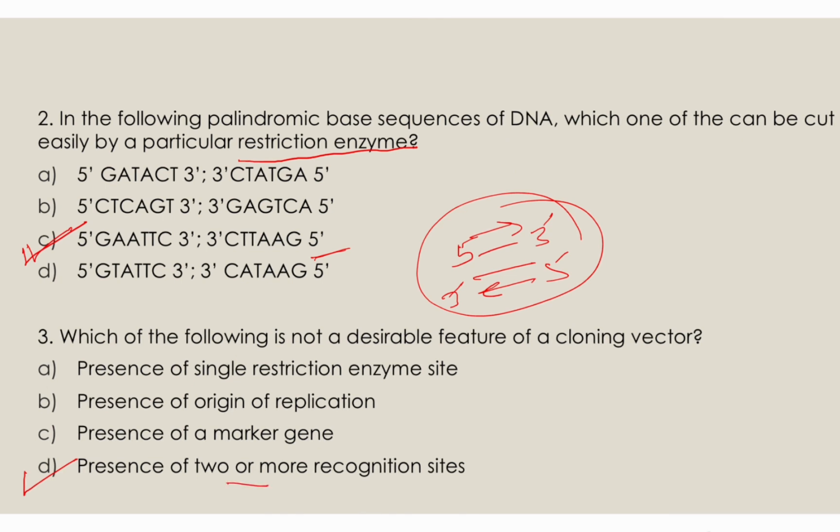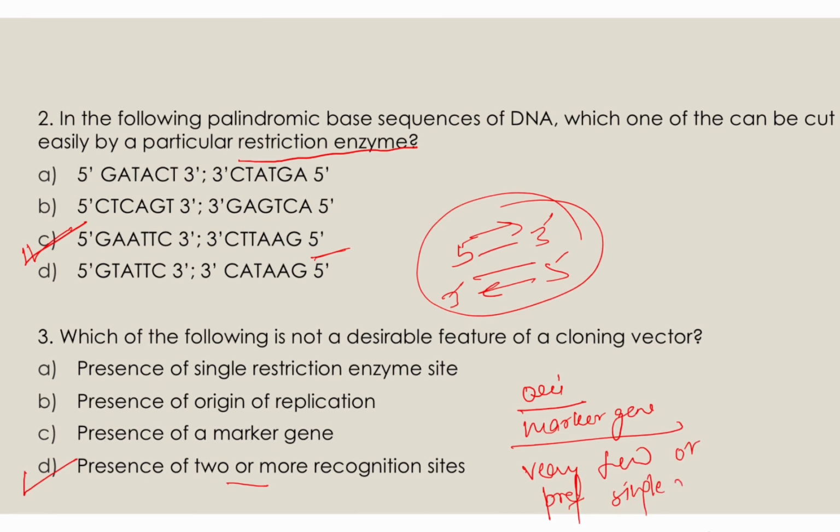Because the desirable features in a cloning vector are presence of origin of replication, presence of marker genes, and presence of very few, or preferably single, recognition sites, not more than 2. So this is the correct answer. This is not a desirable feature of a cloning vector.